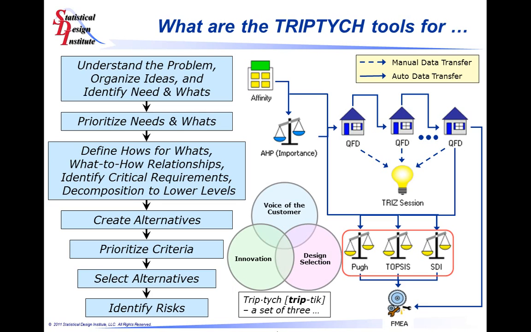And then once you've determined your preferred solution, then it may be appropriate also to go back and reassess any risk and do a risk identification using the failure modes and effects analysis technique.